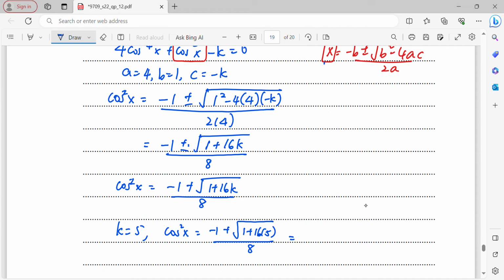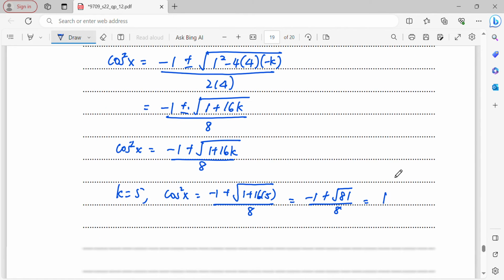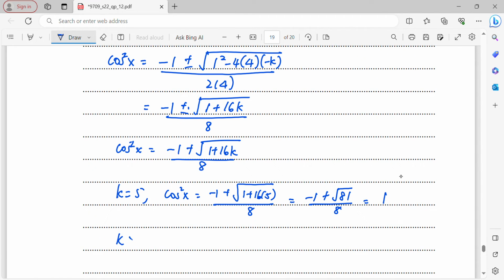This is going to be minus 1 plus square root of 81, over 8, and when you calculate the value, it will be 1. Then now when k is greater than 5, square root of 1 plus 16k is greater than square root of 81. That means it's greater than 9.